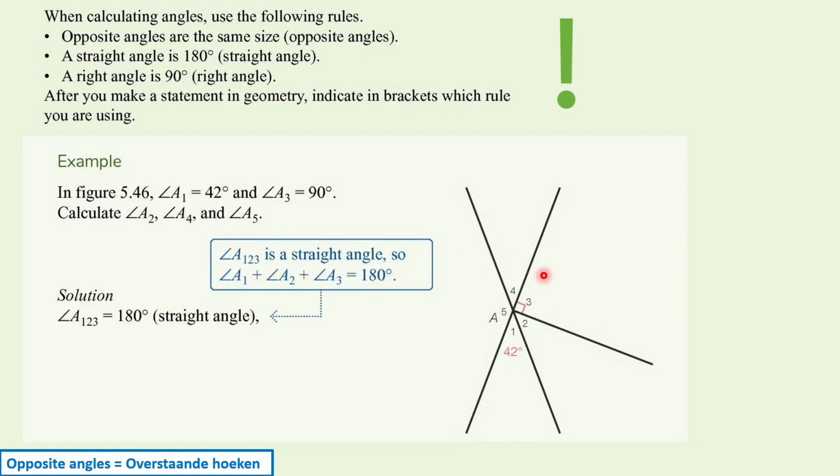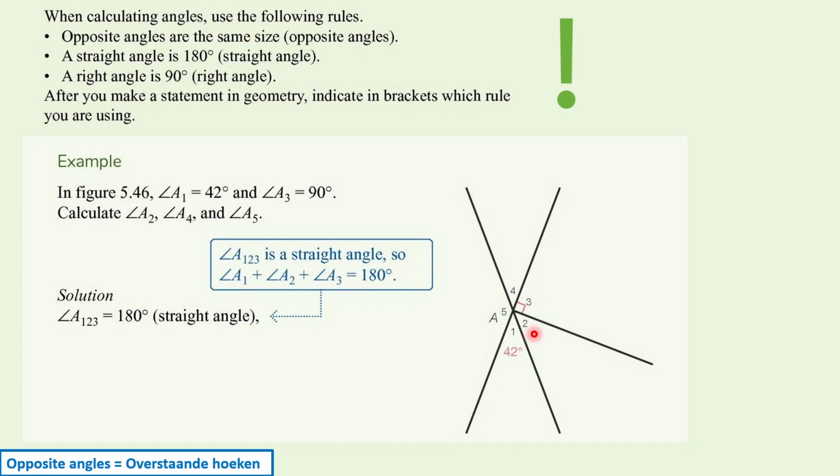And they say here that angle A123, that one right here, is a straight angle. That means angle A1 plus angle A2 plus angle A3 is 180 degrees. And if you make that statement, write it down: straight angle. What does that mean? Well, I know angle A1 and I know angle A3. That's 90 degrees.